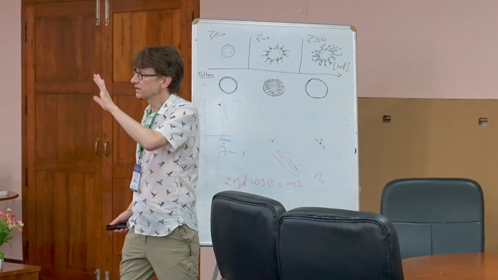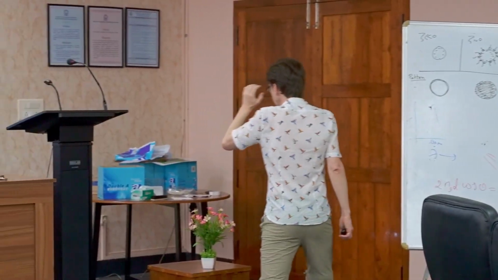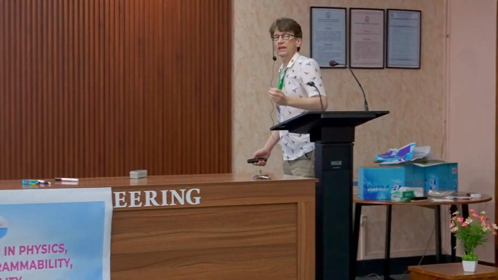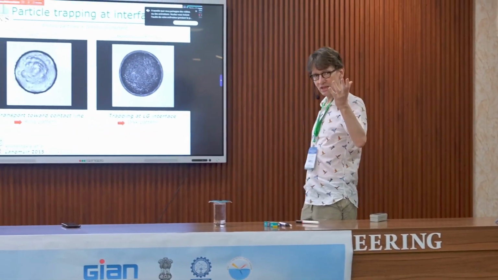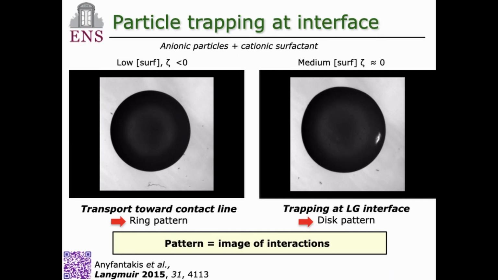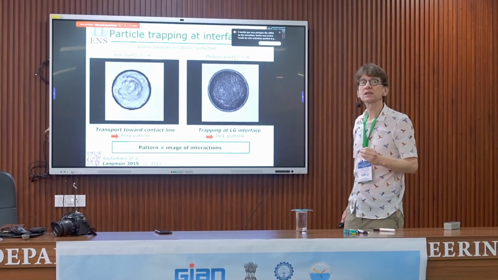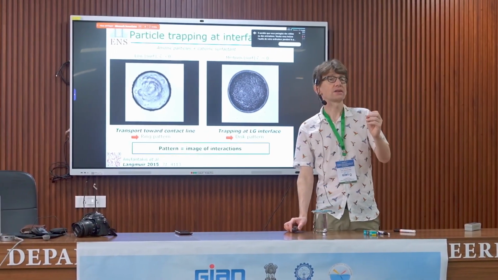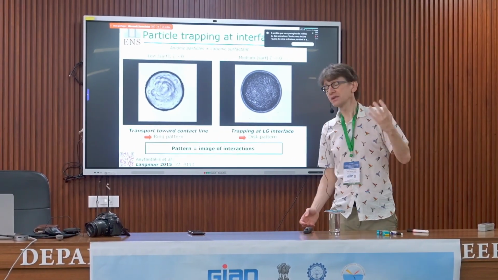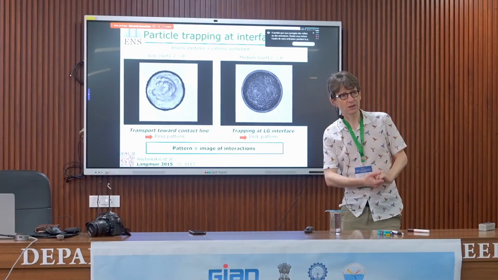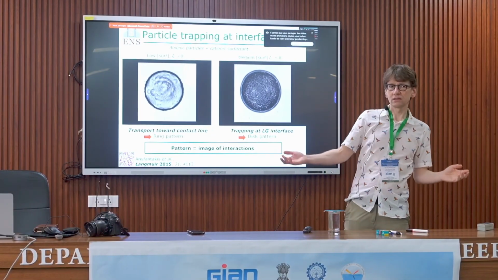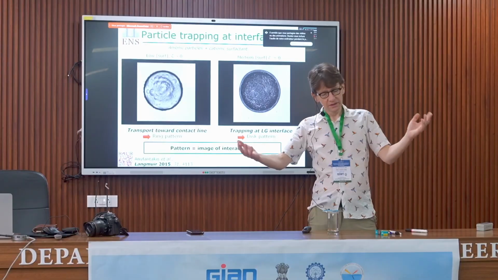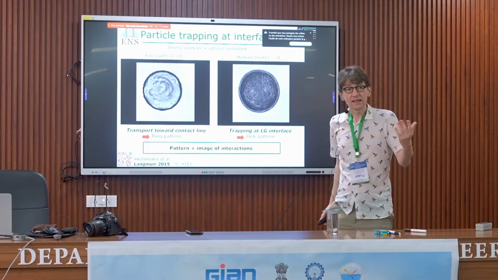So even without any microscope, even if you remove your glasses, you can see a molecular interaction, just by looking at the pattern. So I would like to tell you that a pattern could be used as an image of interactions, and this I call a diagnostic. Because now you can use this maybe to measure pH, maybe to measure redox potential. Maybe you can use it to detect a disease.